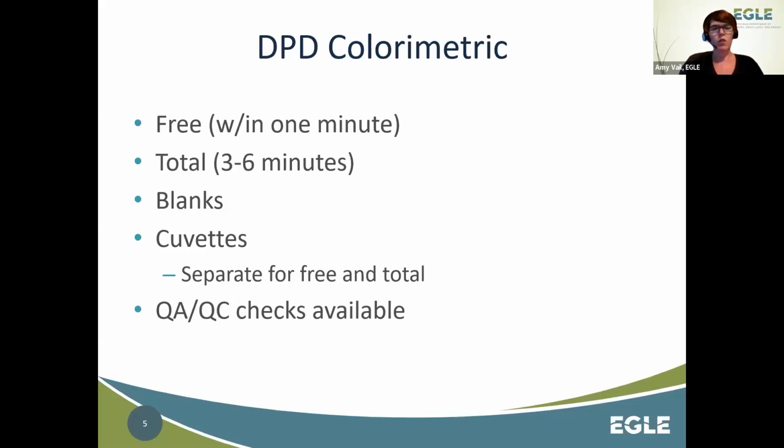And when you do these tests, there are QA/QC checks available. Most of the units come either pre-calibrated from the factory, but you don't always know how long those calibrations last. And with these, unlike other methods where you calibrate on a daily basis or every time you use it or quarterly, you really don't calibrate after you get them.